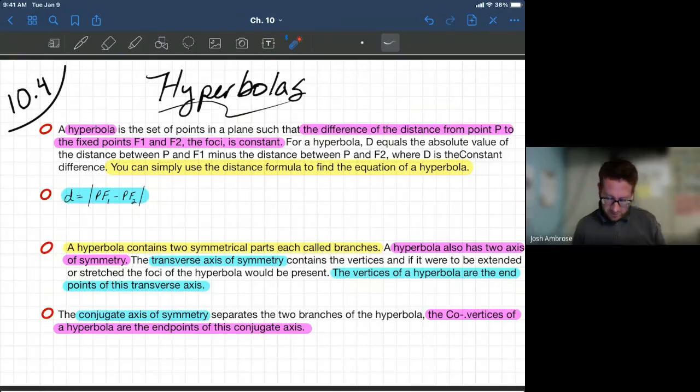When we're talking about vertices, you're going to have regular vertices and co-vertices. The co-vertices connect to the conjugate axis of symmetry. Conjugate is basically like the opposite of, so go back to the original axis of symmetry and think opposite. That's going to give you your conjugate.